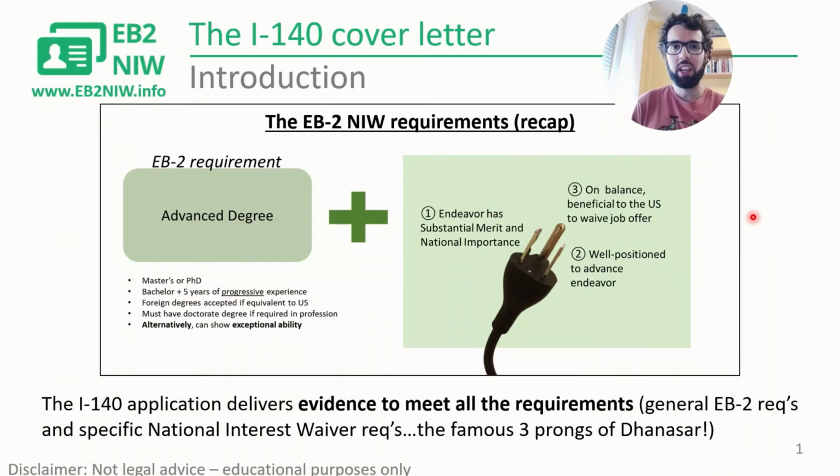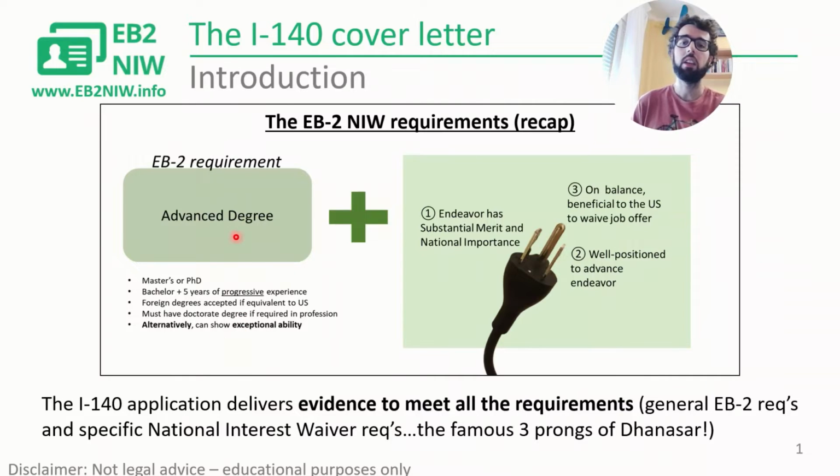Let's jump into it. Before getting into the cover letter matter, we're going to review the requirements for EB2 NIW, because this is important to discuss the cover letter itself. Just to have a quick recap, the EB2 NIW category is part of the EB2 general category, and for that you need to show that you have an advanced degree, master, PhD, and there are other ways to show that.